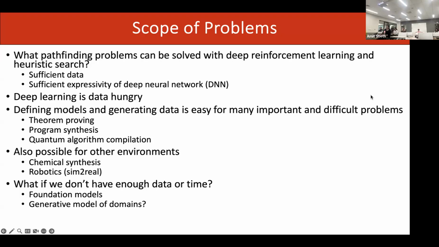And of course, there may be some niche problems where data collection might be really computationally intensive. And so what we would want to do in this case is learn some foundation models that can generalize across domains. So you can solve problems across maybe thousands of different domains, and then you're given a new domain. And maybe you can solve this problem without even having to retrain or anything like that.